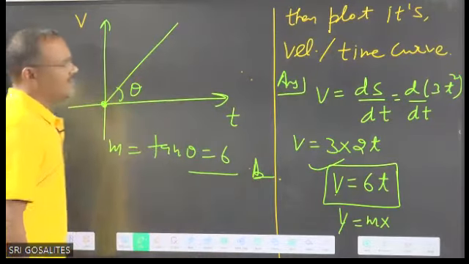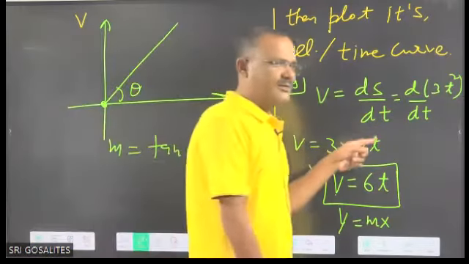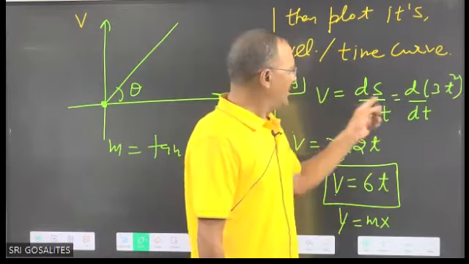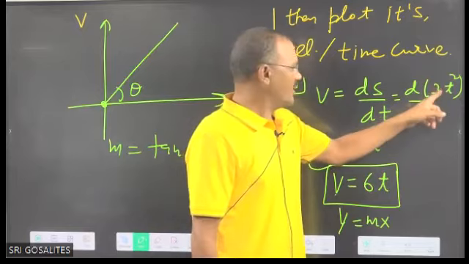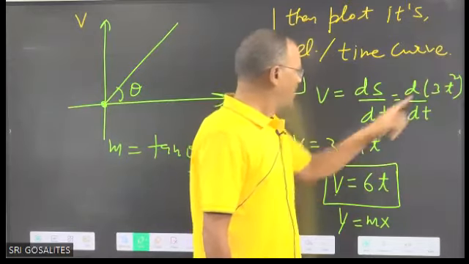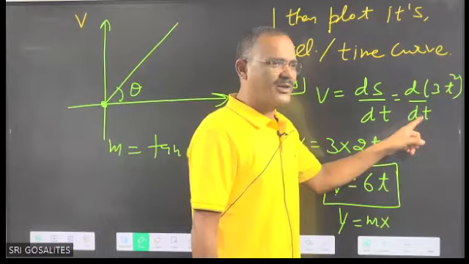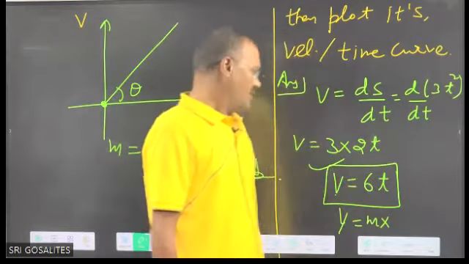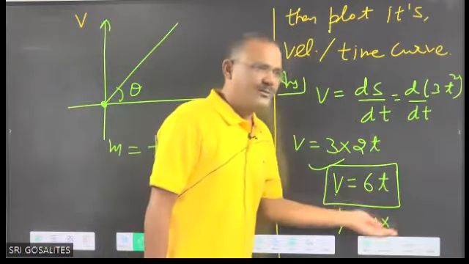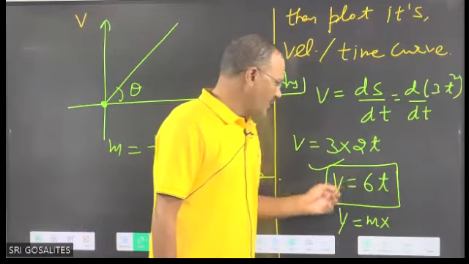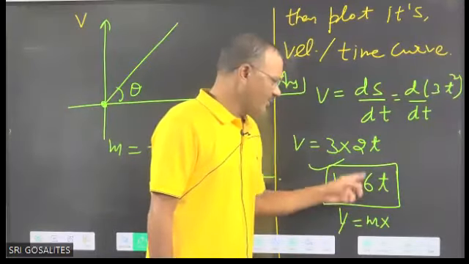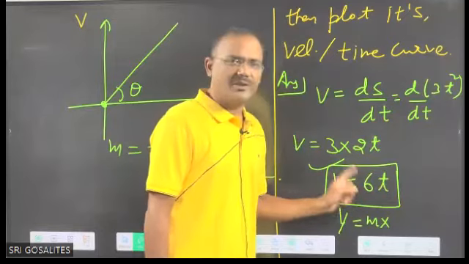See beta, velocity is what? Rate of change of displacement. This is differentiation. S is given function of time, 3t square. Coefficients will come out, 3. And t square differentiation with respect to t is 2t. 3 2s are 6. So velocity, I have to plot with the time. T equal to 0, velocity 0. T equals to 1, velocity 6. T is 2, velocity is 12.